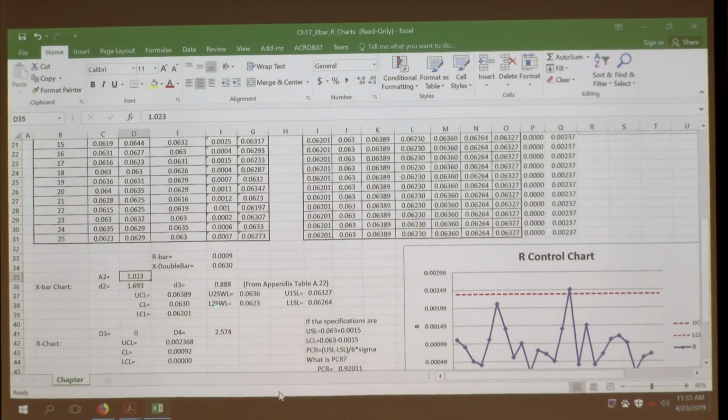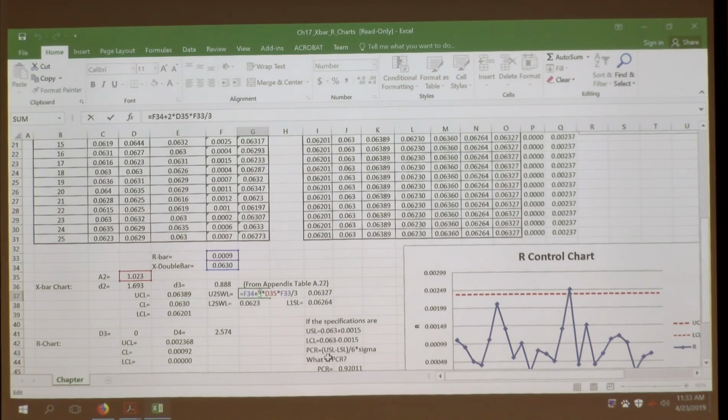Then, using the equations, we can get the upper control limit and lower control limit. The center line equals X double bar. The upper control limit equals X double bar plus A2 R bar. The lower control limit equals X double bar minus A2 R bar. This is 3 standard deviation.